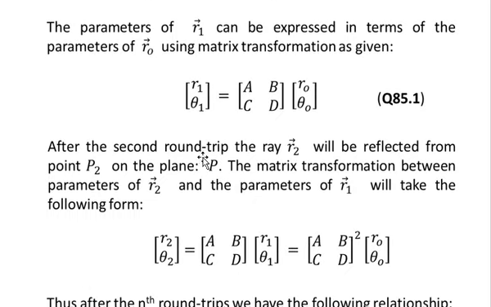So after the second round trip, the ray 2 will be reflected from the point P2 on the plane P. And I have mentioned that point P2 and the ray R2 have not been shown. But of course, these will appear when the second round trip is completed. The matrix transformation between the parameters of the R2 vector and the parameters of the R1 vector will take the following form.